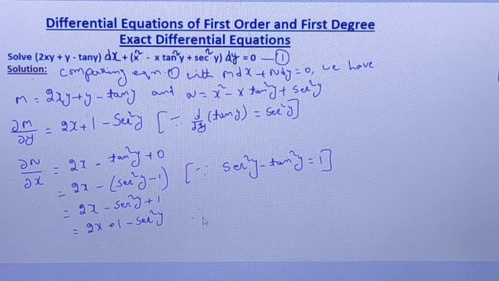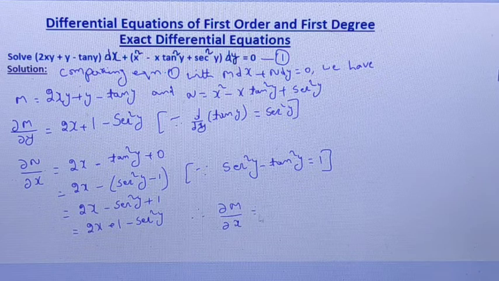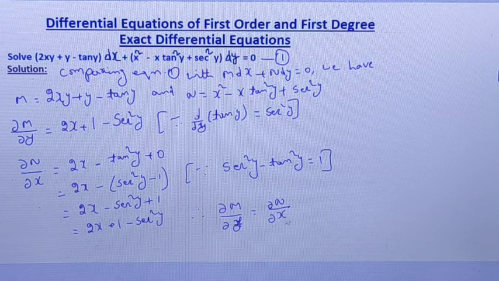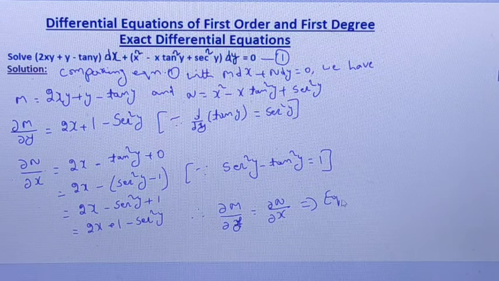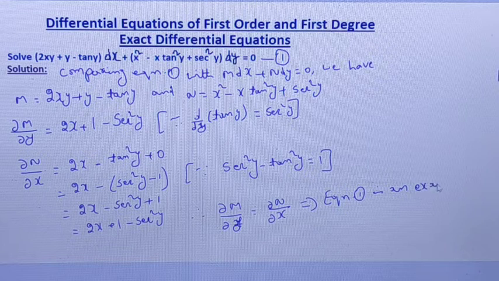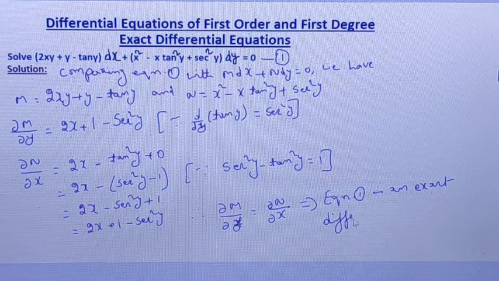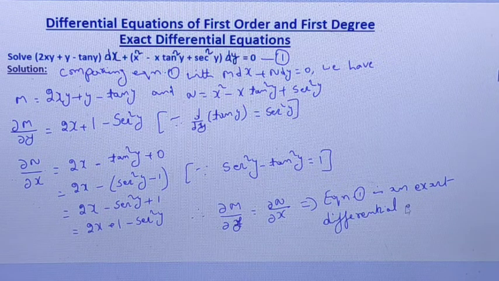This implies equation 1 is an exact differential equation.